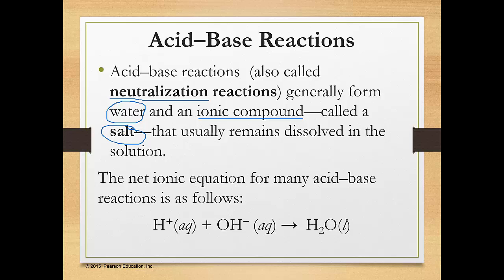Now, just to clarify, salt means a different thing to a chemist than it does to the population at large. If you were to go to anybody in the street and say, "What is salt?" they will tell you it's that stuff on the table in the shaker that you put on your food and it tastes good. There's only one kind of salt to them. I mean, maybe variations of that. You've got Himalayan salt, and you've got the Hawaiian sea salt.